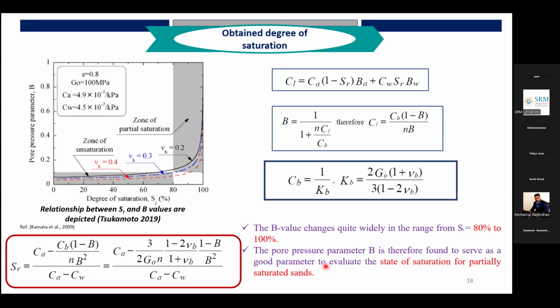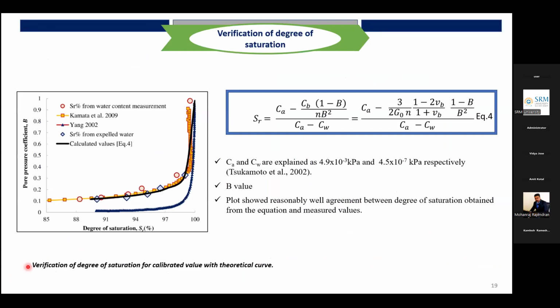So the pore pressure parameter B is a good measurable quantity. This can be easily measured through any cyclic reaction process. So the quantity B can directly reflect the value of degree of saturation. This is the theoretical background we have developed.